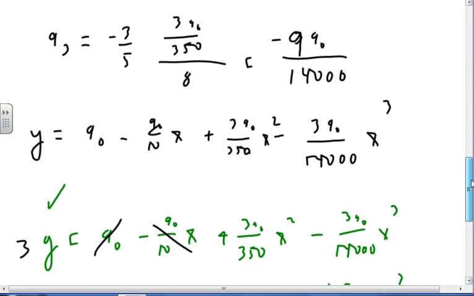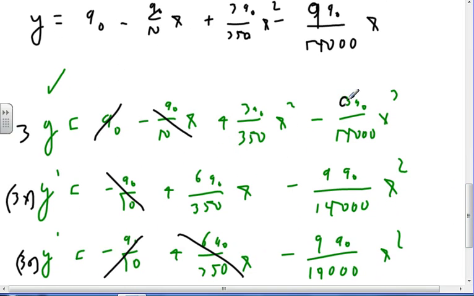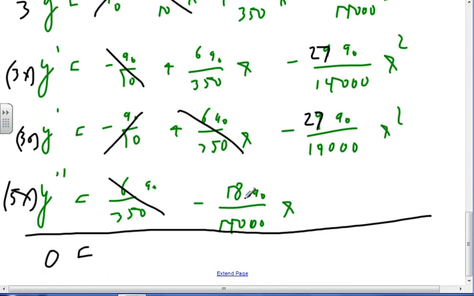This is a 27 on top. And 2 times 27 is what? 2 times 27 is 54.